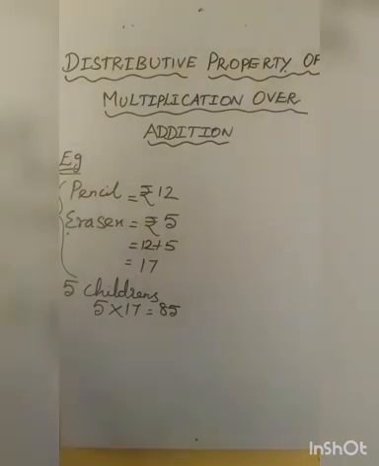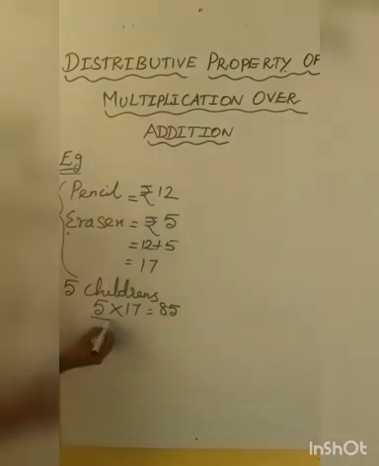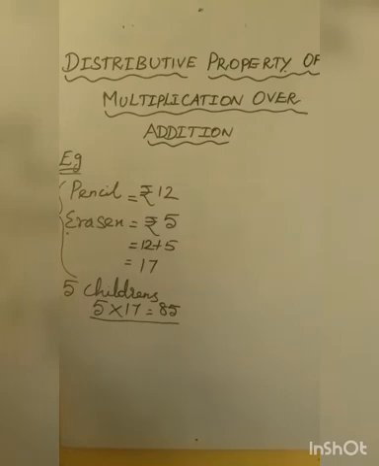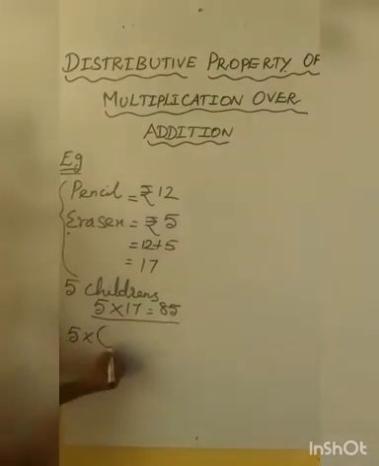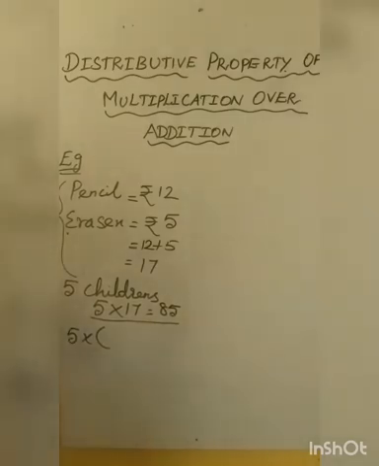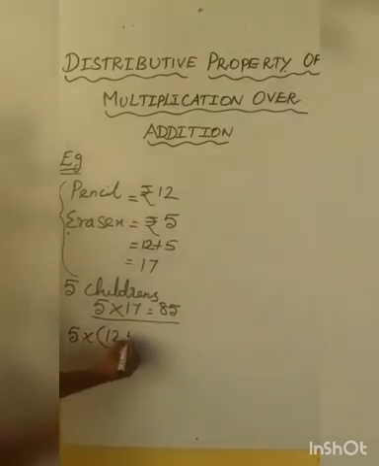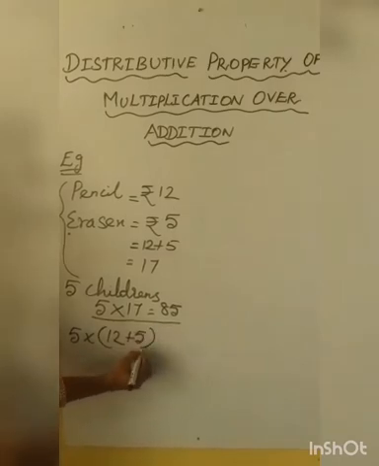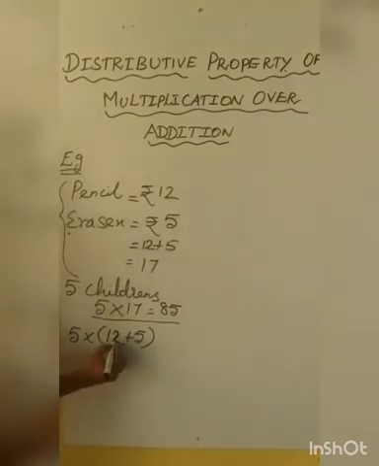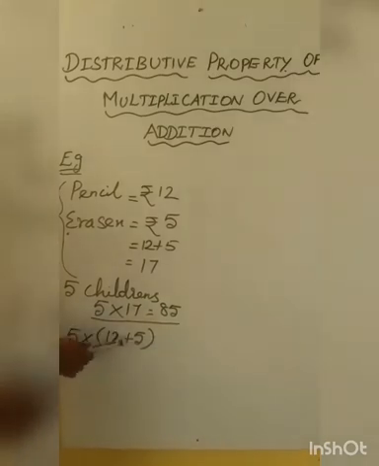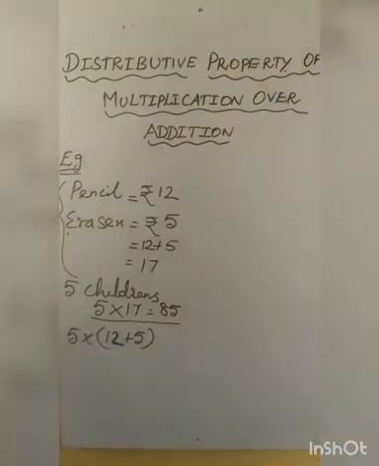Listen children, suppose this is the multiplication fact: 5 into 17. Now I separate 17 as 12 plus 5. 12 plus 5 equals 17.